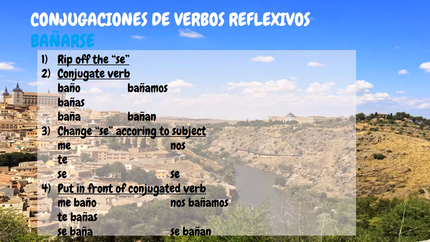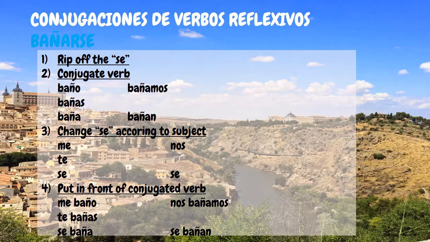Now, I didn't put the vosotros form in here, but if you conjugate it to the vosotros form, which is bañáis, your reflexive pronoun will be os. And then finally, for ellos, ellas, and ustedes, we have bañan, and that reflexive pronoun, again, is se.